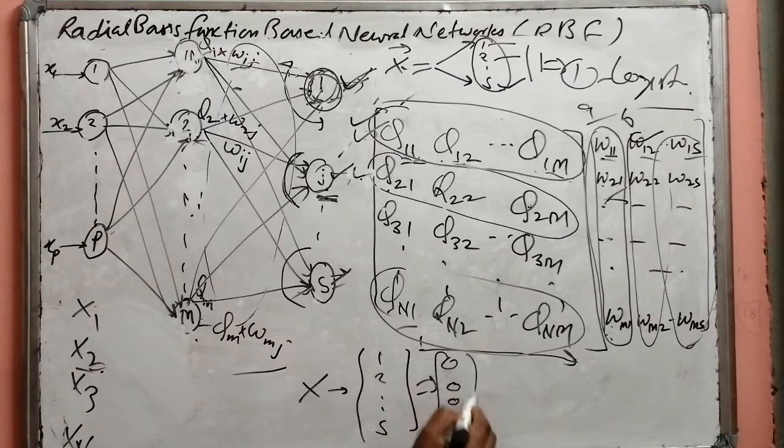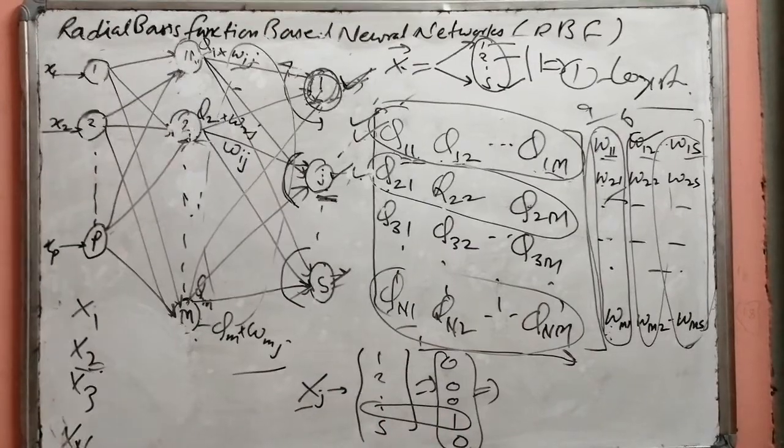They may be of this nature, which says that this pattern x2 or xj belongs to the class where this value is equal to 1.